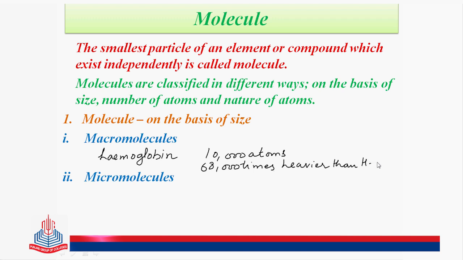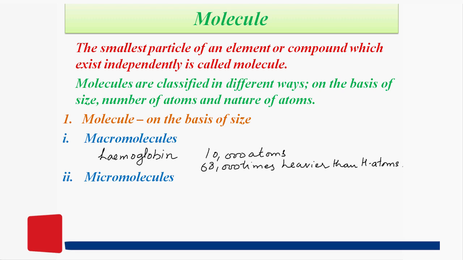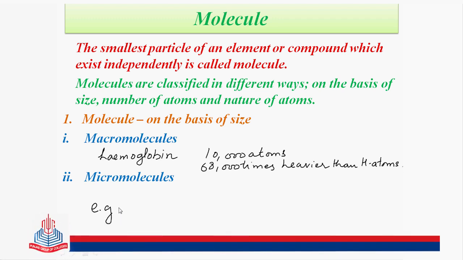Very important points to memorize. Now coming to micromolecules. Molecules of smaller size and lower molecular masses are micromolecules. For example, a water molecule, a molecule of methane gas, sulfuric acid, etc. They are all examples of micromolecules.